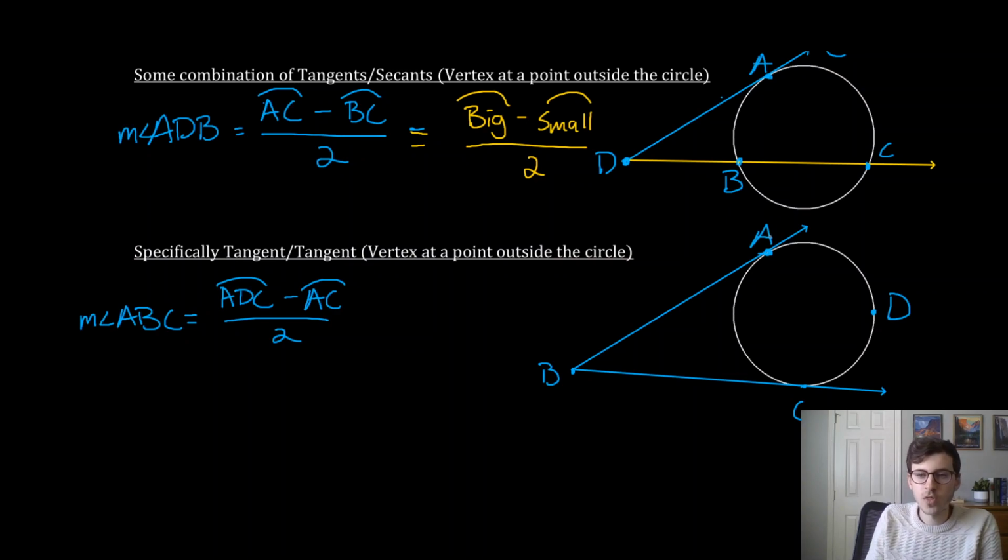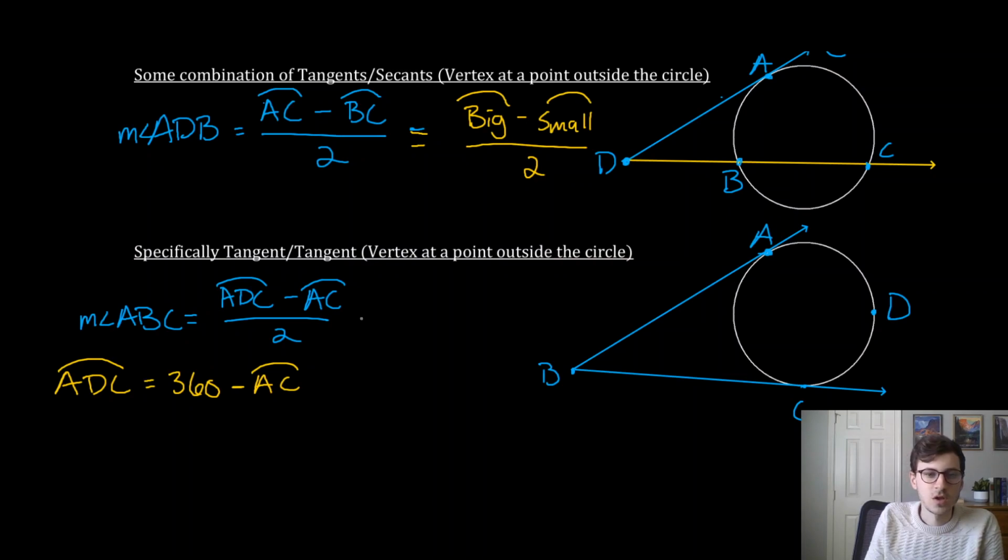Well, I know that AC plus ADC is 360, right? So I could say that arc ADC is equal to 360 minus arc AC, right? Because AC plus ADC is 360. So ADC, I can represent it as 360 minus AC.